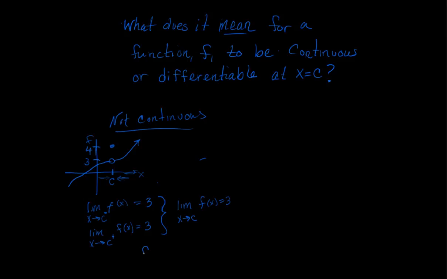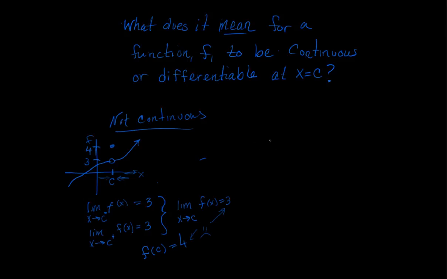The problem is that the function actually evaluated at c is equal to 4, as is indicated by this point on the graph. And since 3 does not equal 4, this function is not continuous.